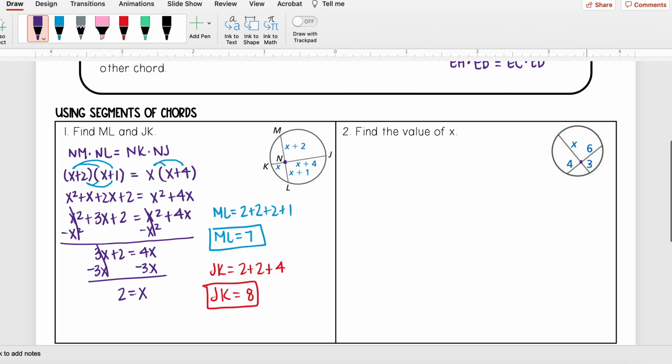So for this one, I'm going to have 3 times x is equal to 6 times 4. Well, 6 times 4 is 24. And then dividing both sides by 3, I get that x is equal to 8.